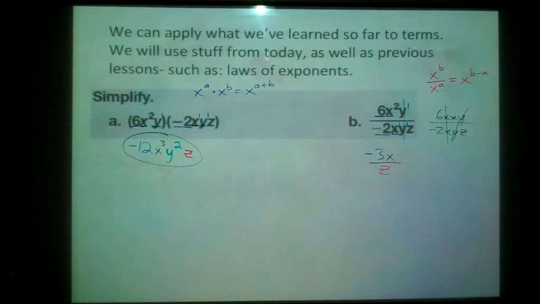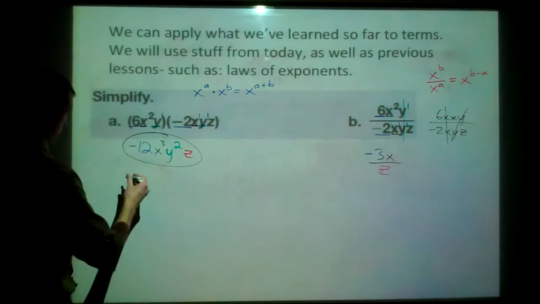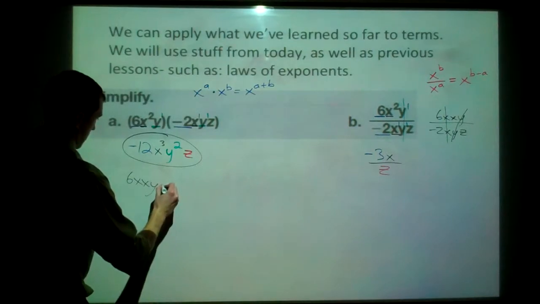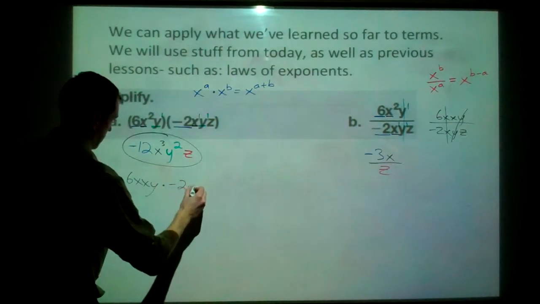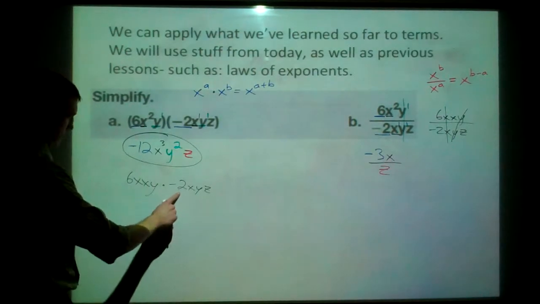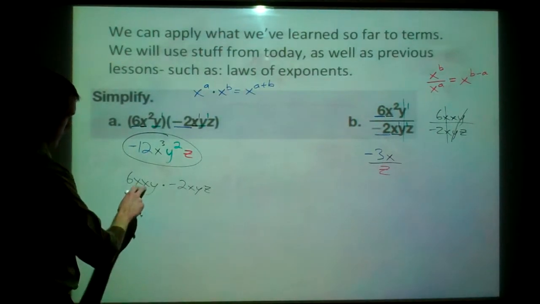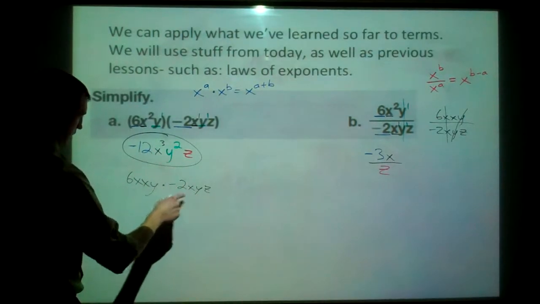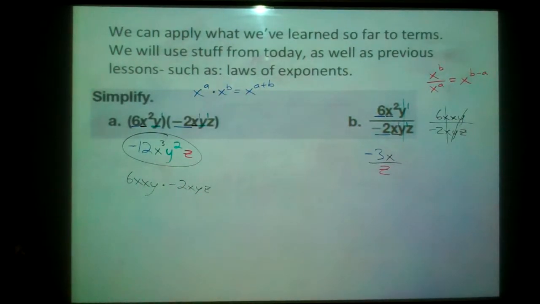Okay, that's a shortcut we could have taken. Here we could have done 6x squared y times negative 2xyz, and then counted everything up. 6 times negative 2 is negative 12. We have 3 x's, 2 y's, and 1 z. So that's longhand right there.